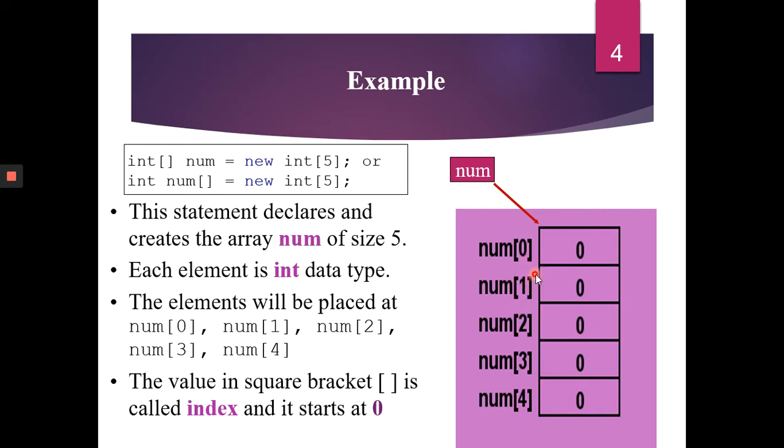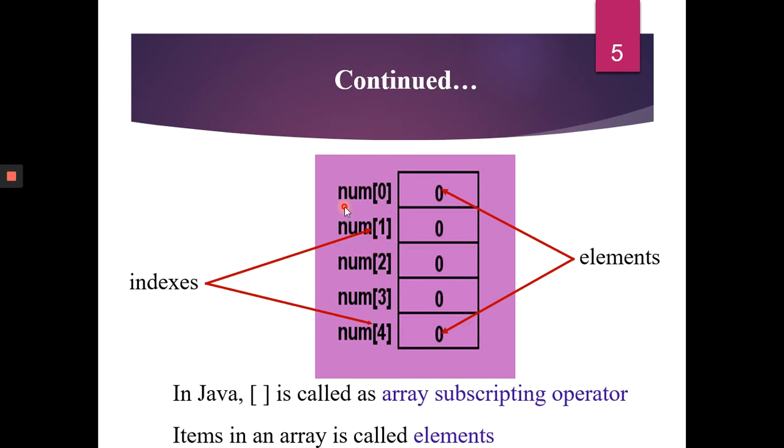If you notice here, we have the square brackets for each of the index. Okay, to be more precise, these are the index of your array, and the value inside your array, we call it an element. And the square bracket is actually called the array subscripting operator.